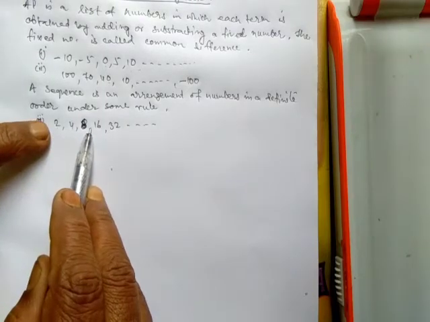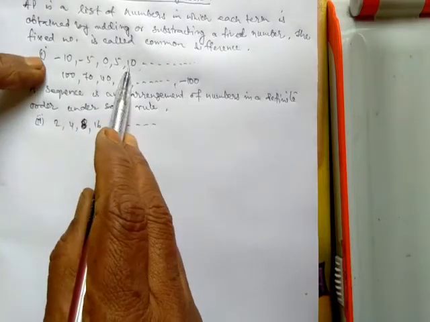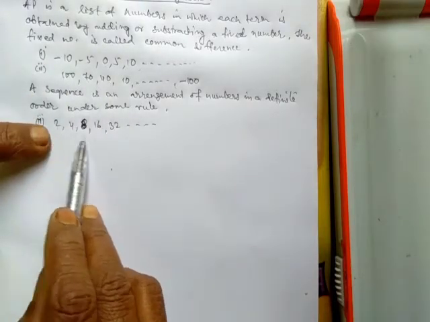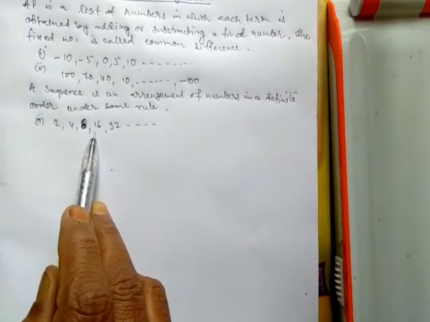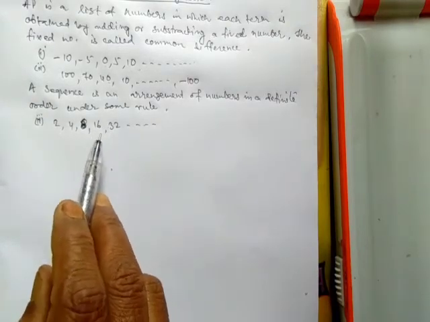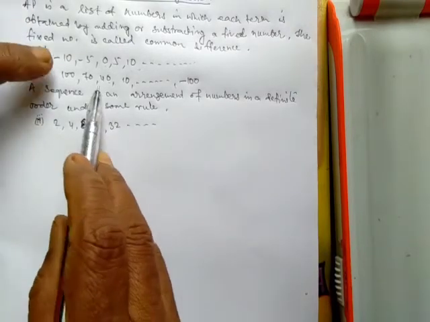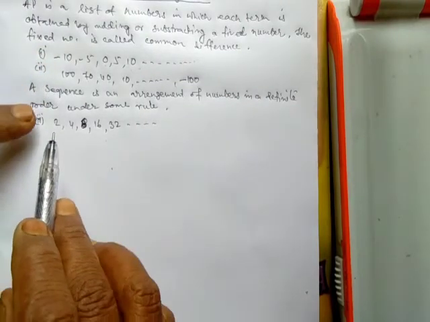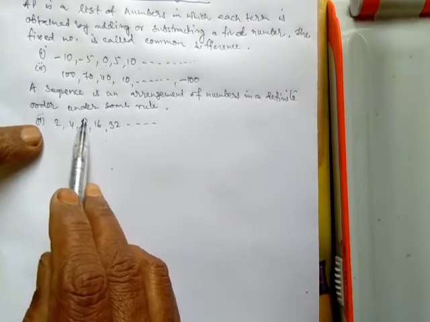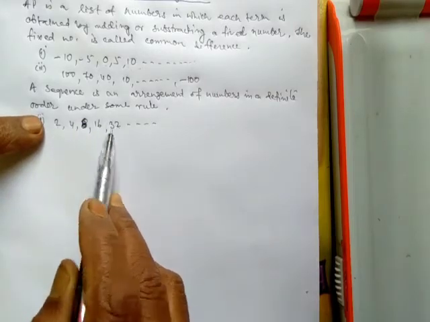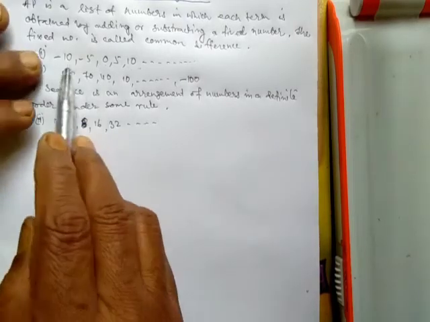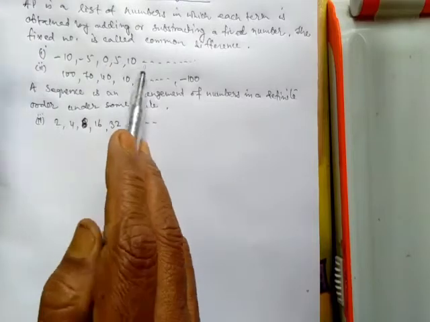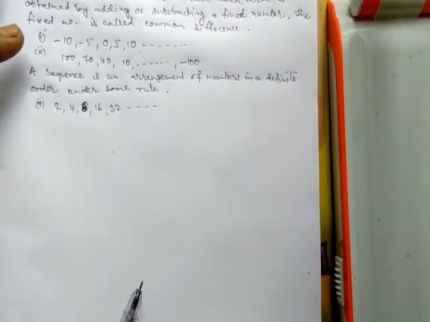So this is AP and this is a sequence. This is not AP. So all sequences are not AP, but all APs are sequences.